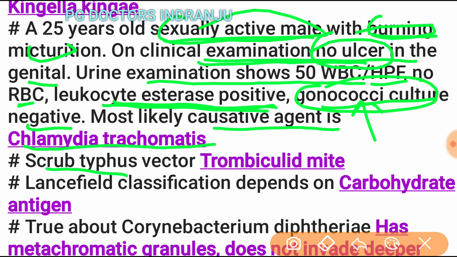Scrub typhus has a vector of trombiculid mites. Lancefield classification depends on carbohydrate antigen.